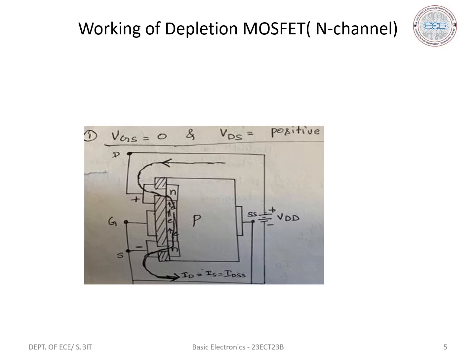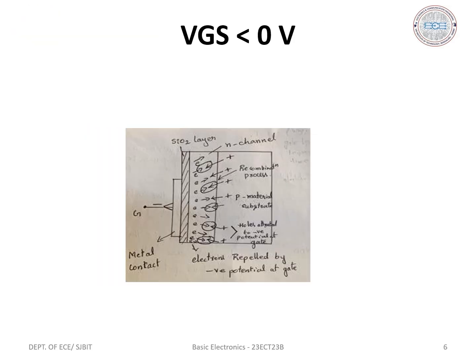Now let us supply the negative voltage between the gate and the source terminal. Now apply the negative voltage between the VGS, and let us see how the circuit will work here. The negative voltage at the gate terminal will push the electrons towards the substrate.